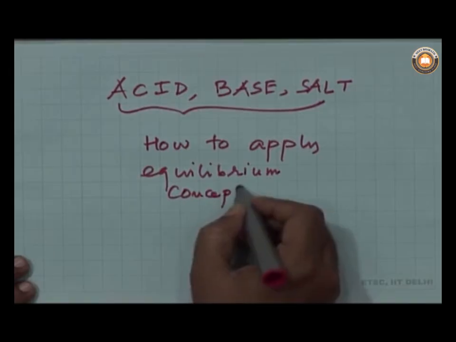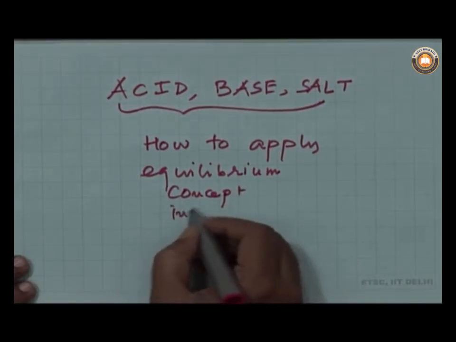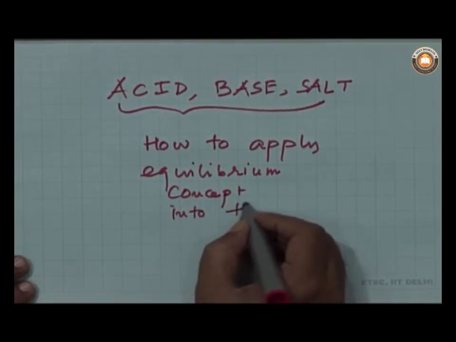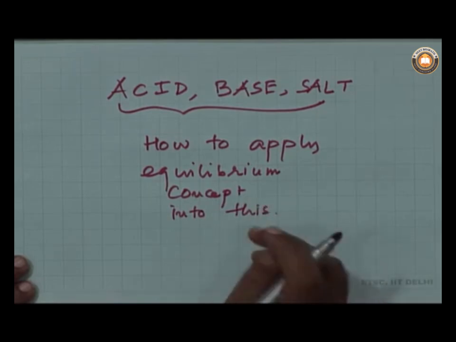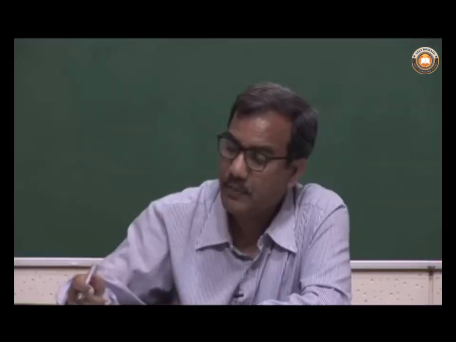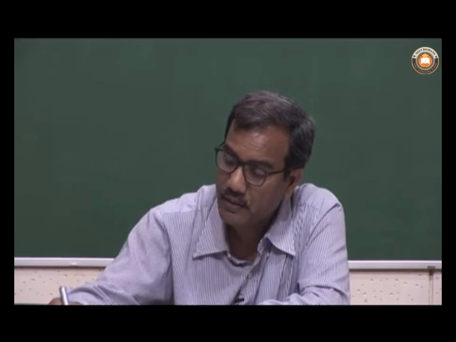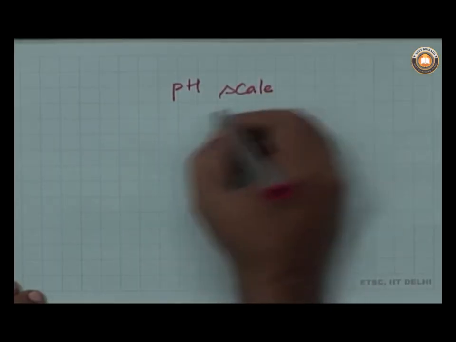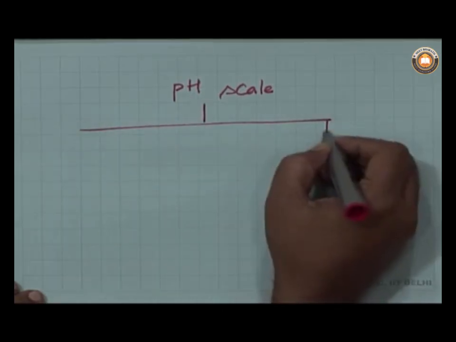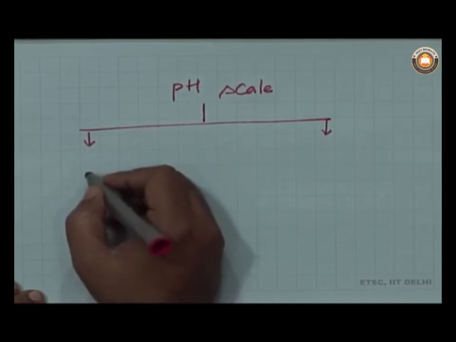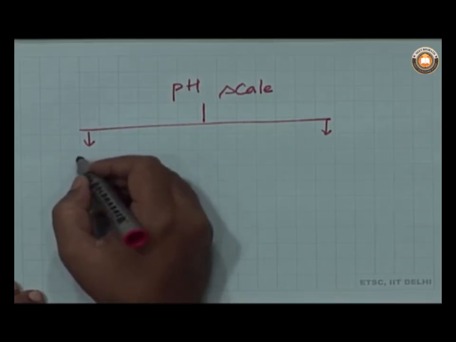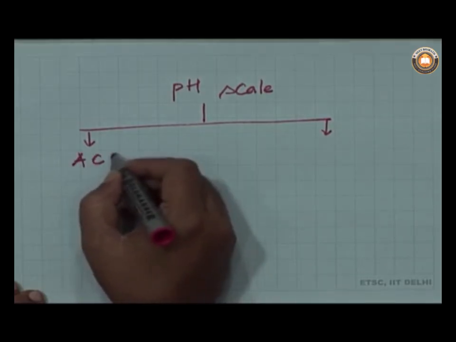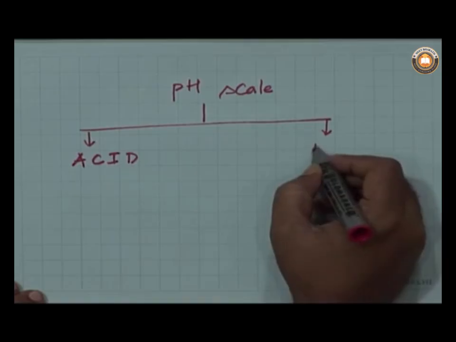But before that, I would like to give a concept of what is known as the pH scale, which provides us an idea about whether a solution is acid or a base.